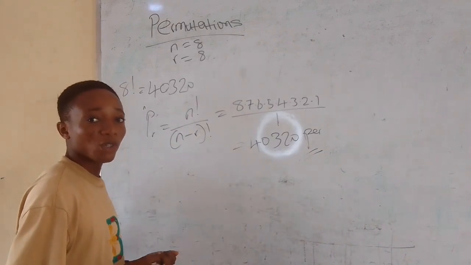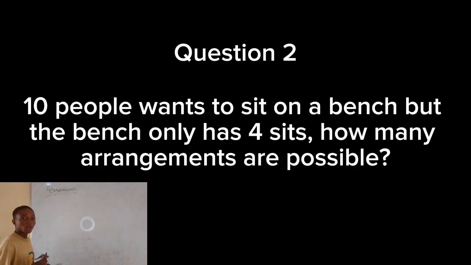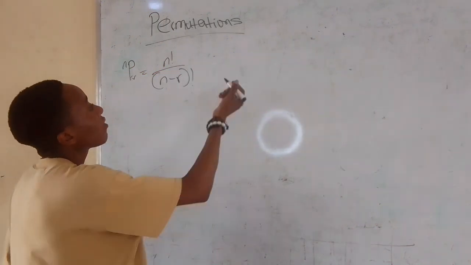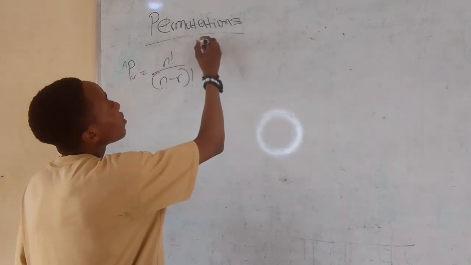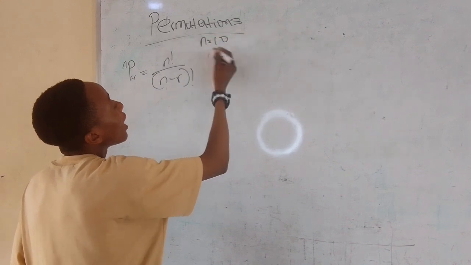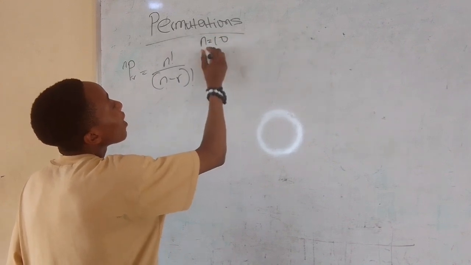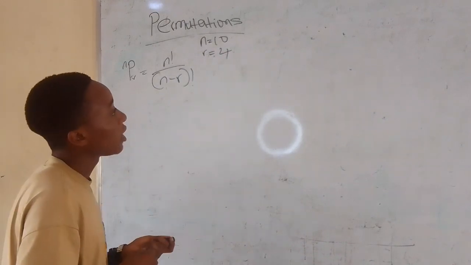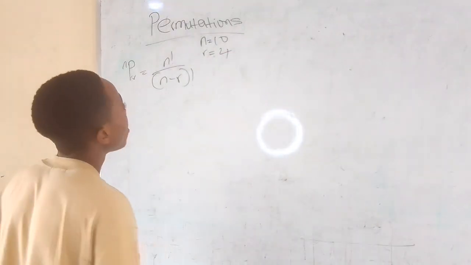Moving on to the next question. The next question says 10 people want to sit on a bench, but the bench only has 4 seats. How many arrangements are possible? So for the question, we have 10 people, and the seats are 4. 10 people want to sit on 4 seats.